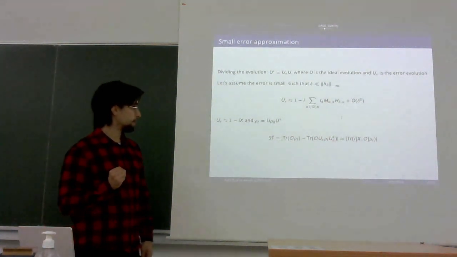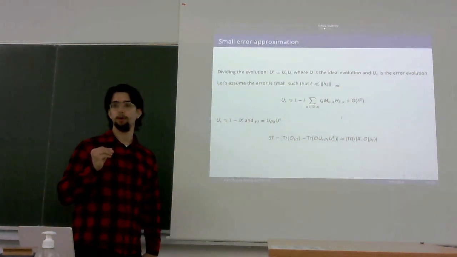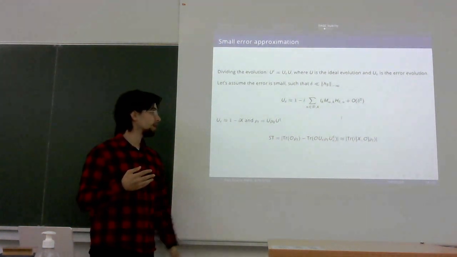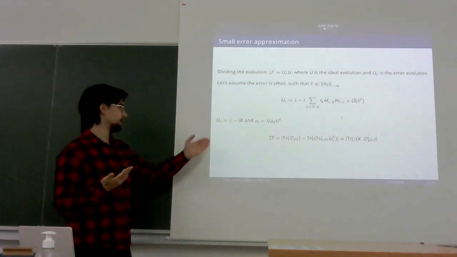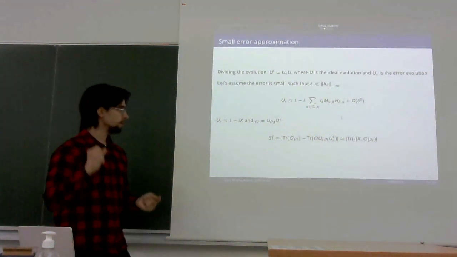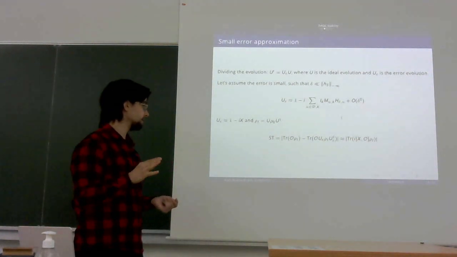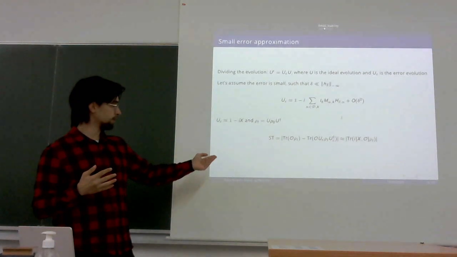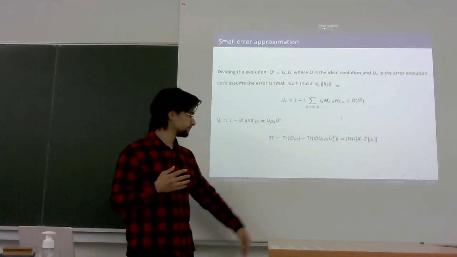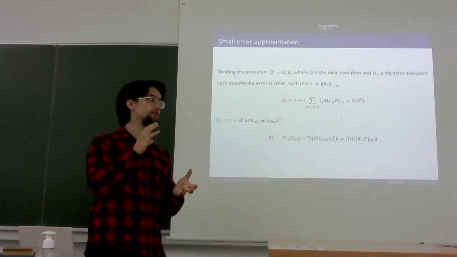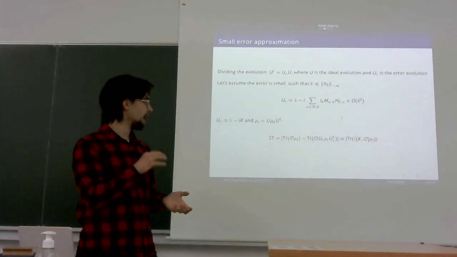With this, we can approximate the evolution of our error evolution to a first order and simplify it just as the expression of the identity and the Hamiltonian that we are applying. By doing so, we can approximate this stability equation to the trace of the commutator of the error Hamiltonian and the observable.